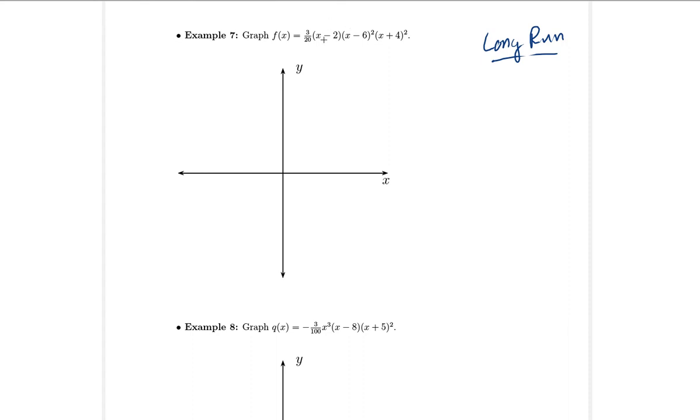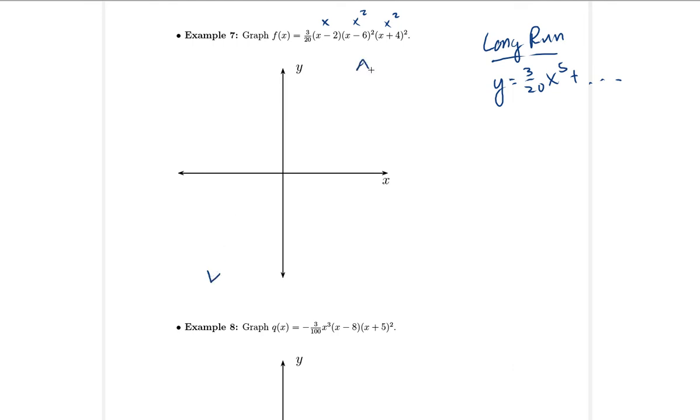What's going to come out of here? Well, you're going to get an x squared out of this one, an x squared out of this one, and an x out of this one. So y equals 3/20 x to the 5th is what that ends up being when you multiply out. So x to the 5th is odd, so you know it's down here and up here.